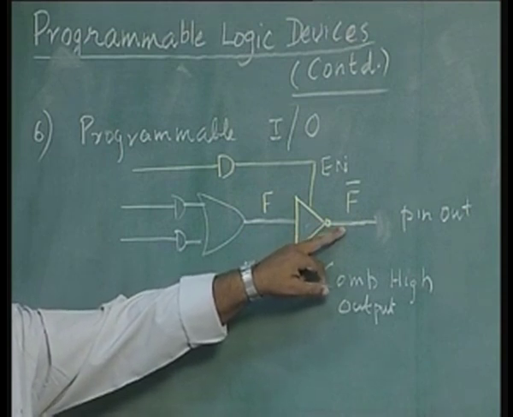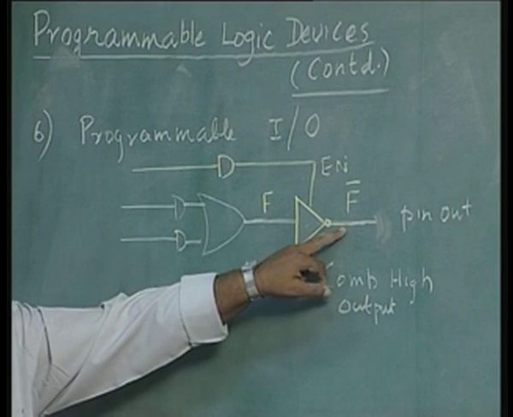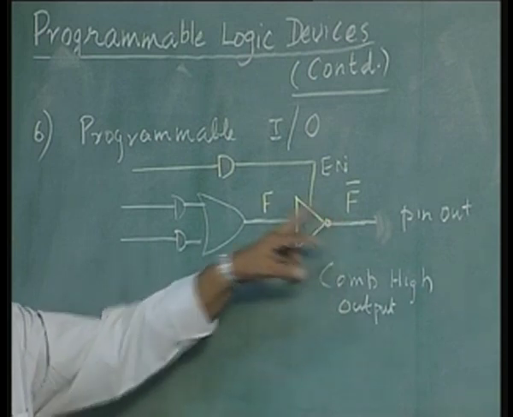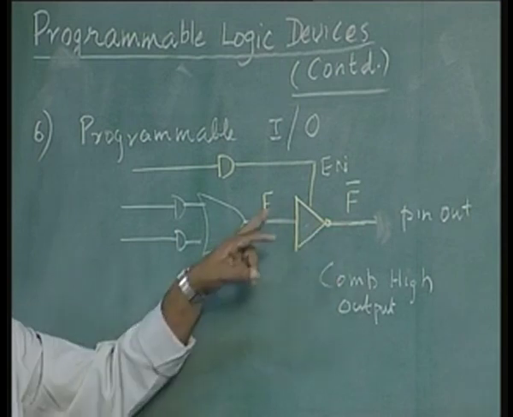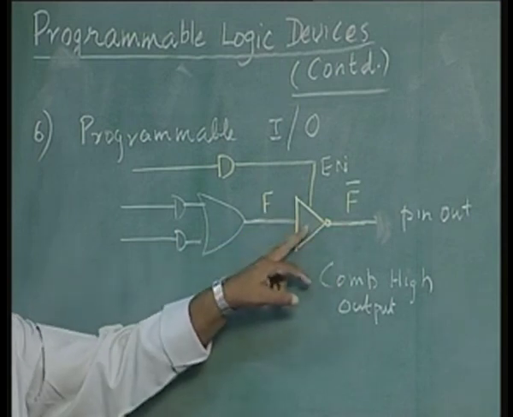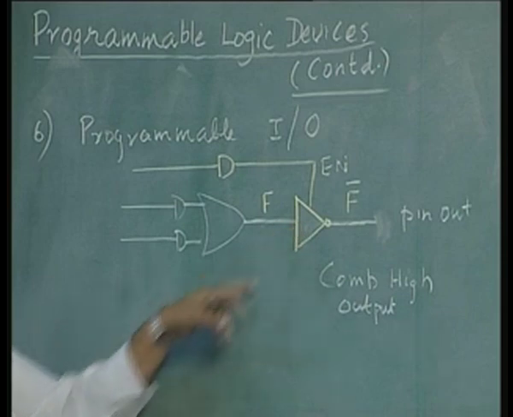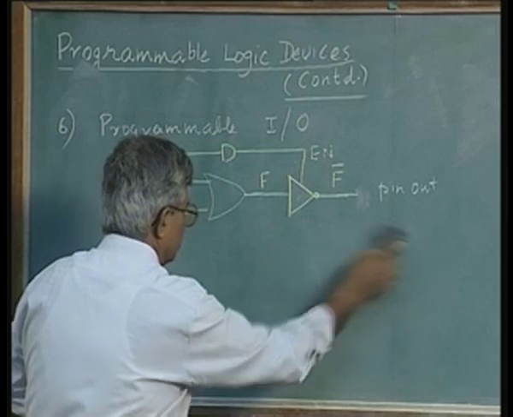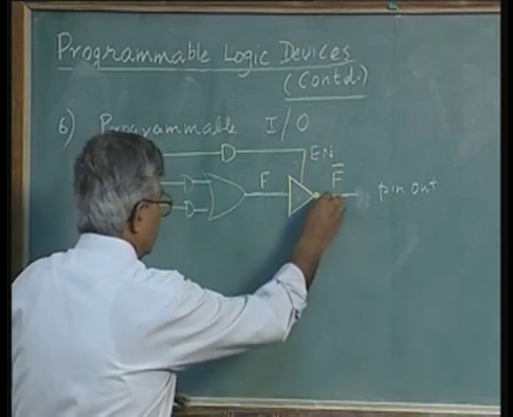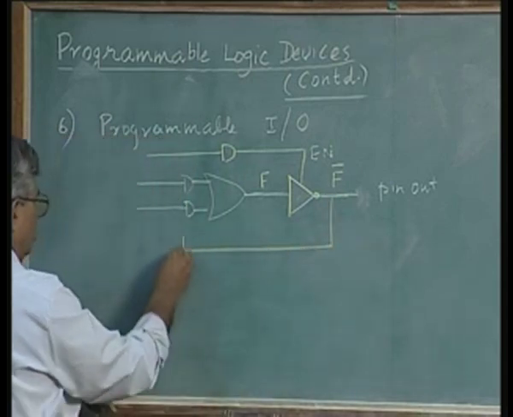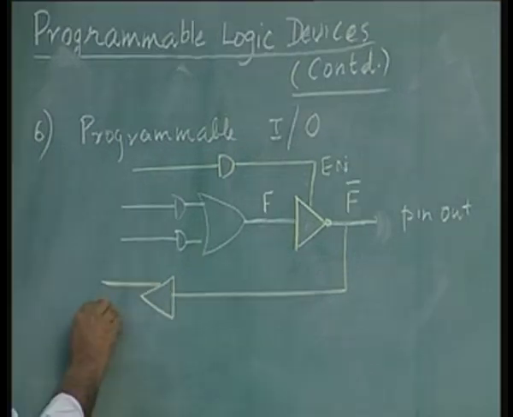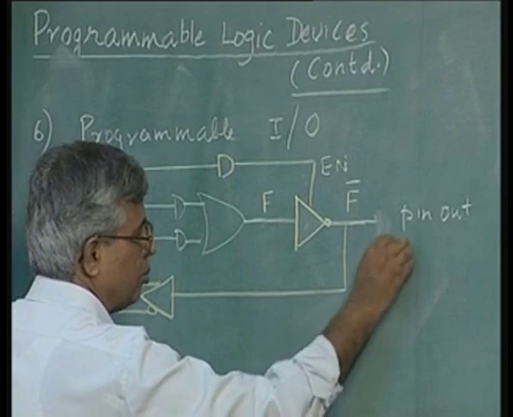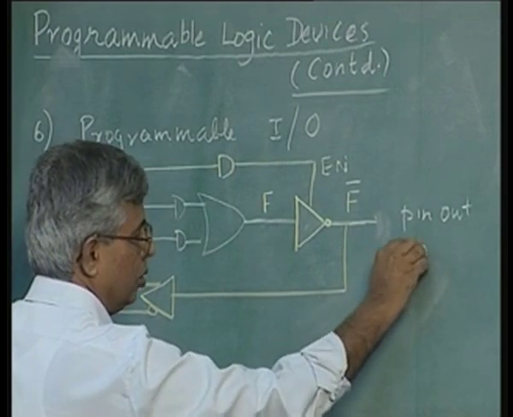So, this high impedance or tri-state output means practically there is no electrical connectivity between this point and this point. This point is isolated from this point when you disable this buffer. So, that pin can now be used as an input. I can give some other input altogether. So, in this case it becomes an input pin.